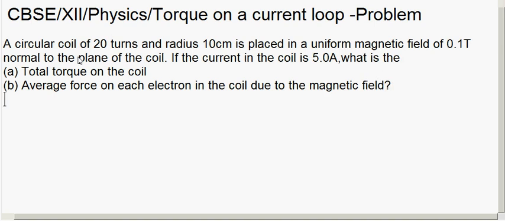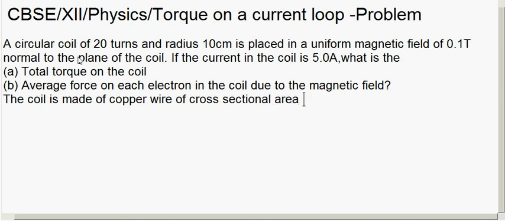Also given, the coil is made of copper wire of cross-sectional area 10 raised to the power minus 5 meter square.